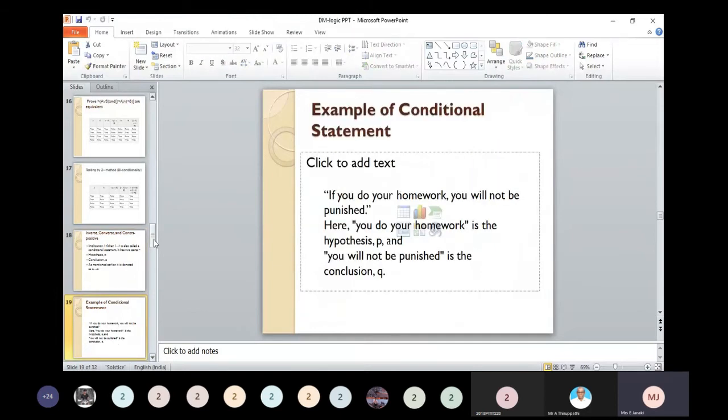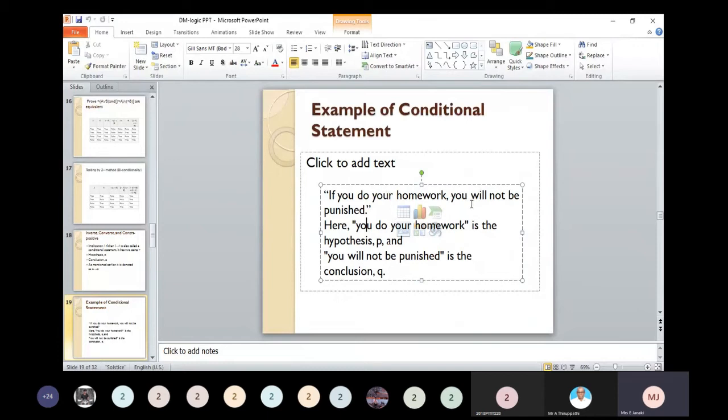Okay, and so this is an example of a conditional statement. If you do your work, then you will not be punished. Here, you do your work is a hypothesis. This is P. Now read it: if P, then you will not be punished.